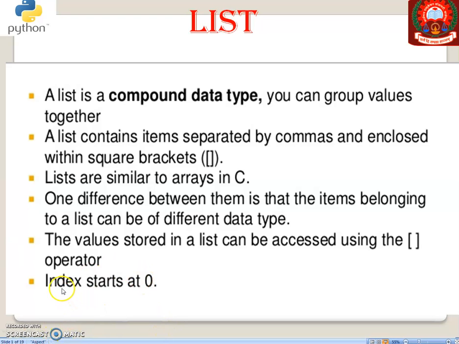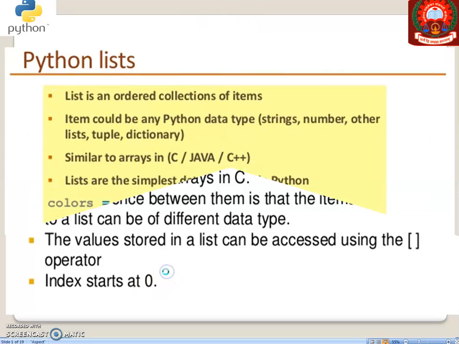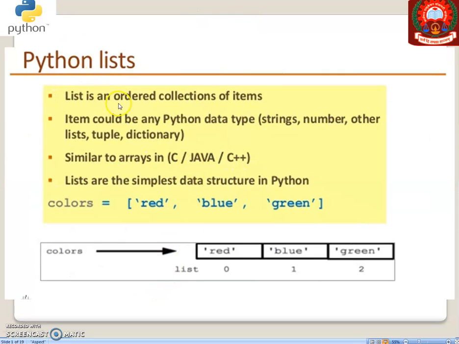Next, a list is an ordered collection of atoms. These are some features of a list. It could be any Python data type, whatever data types are available in Python, it may be list, tuple, dictionary, or whatever. Similar to arrays in C, Java, or C++.